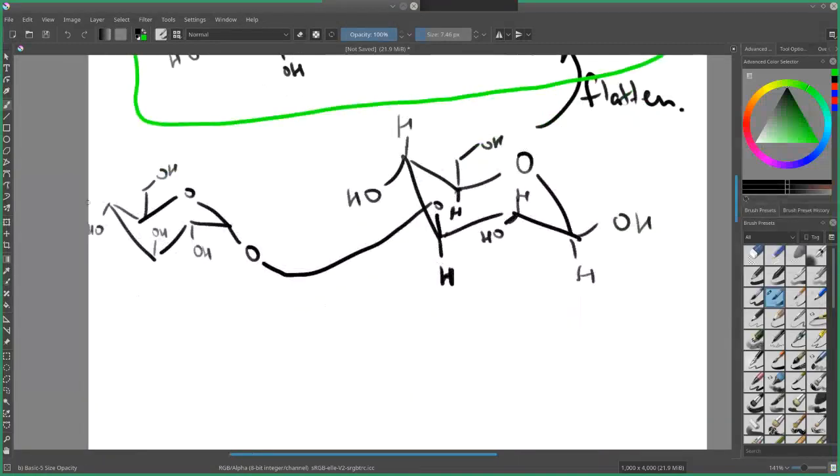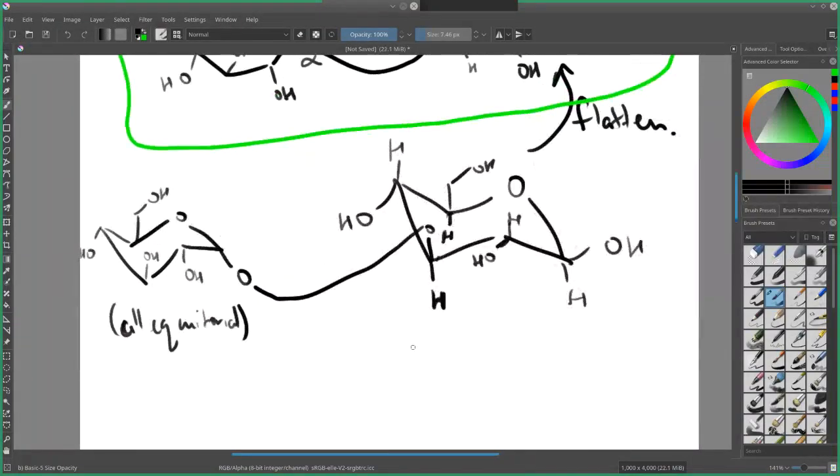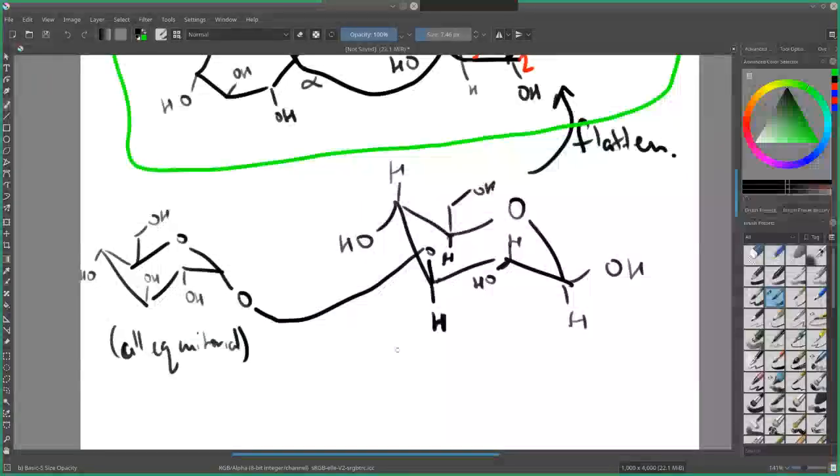Something like that. And these are also all equatorial. I drew these way worse. These look way more axial, but they're all equatorial. That's particularly for glucose too. Other sugars will be different than that.